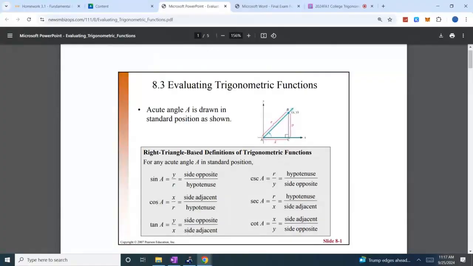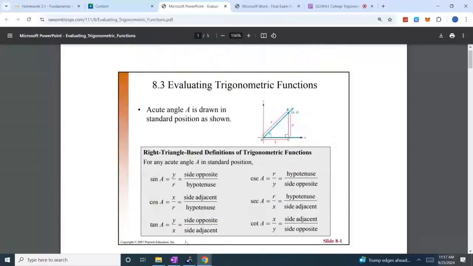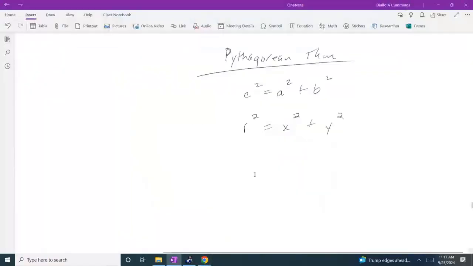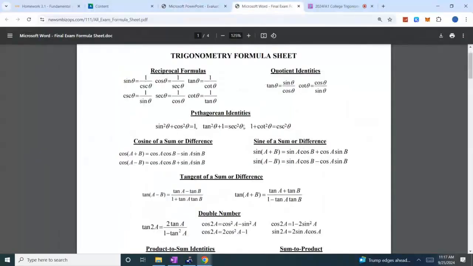So we have that the sine is y over r, the cosine is x over r, the tangent is y over x, and then we have our reciprocal functions, right? We also had the Pythagorean theorem that was also followed along with this, which was r squared is equal to x squared plus y squared, right? So now in this next piece, I'm going to show how these things come about.